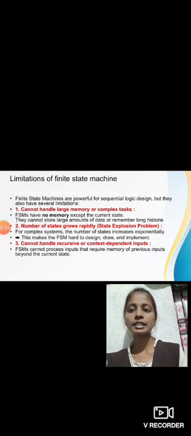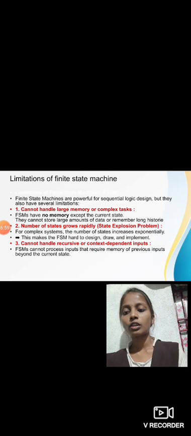Limitations of finite state machine. Finite state machines are powerful for sequential logic design, but they also have several limitations. It cannot handle large memory or complex tasks. FSMs have no memory except the current state.